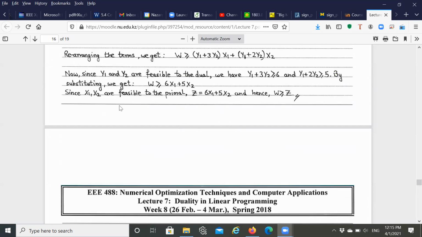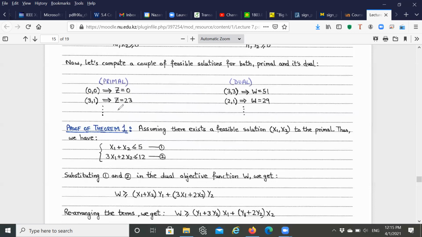That means I keep going down over here and I get to some pair which would give me some Z value, let's call it Z star. And over here, I keep moving till I get some pair which would give me some W star value, such that the Z star value is equal to the W star value.